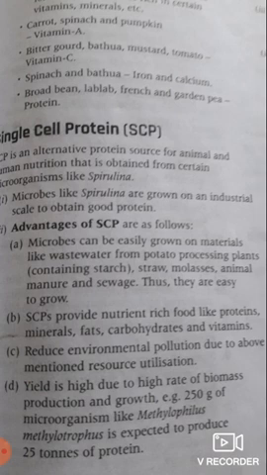Another advantage is that it is nutrient rich: it provides a large amount of food rich in protein, minerals, fat, carbohydrate and vitamins.